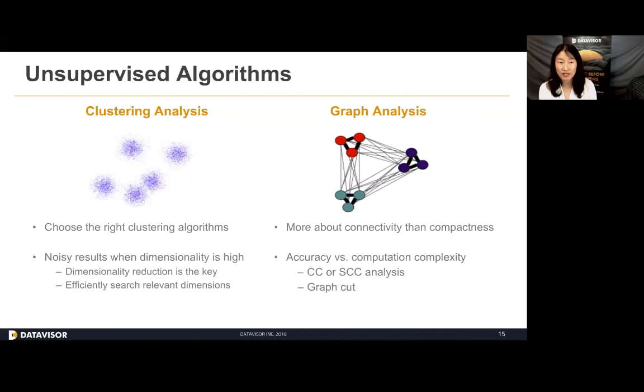That's why the clustering algorithm is able to identify them. Graph analysis is different. It looks at the connectivities among the users to identify suspicious connectivities. There are well-known algorithms such as connected component, strongly connected component analysis, and graph cuts that are able to identify suspicious subgraph components.